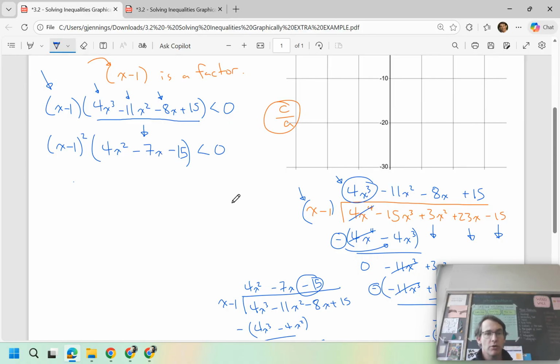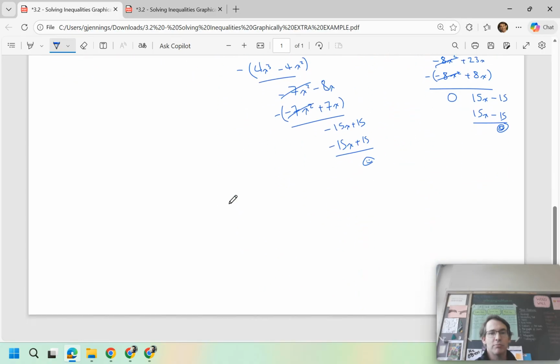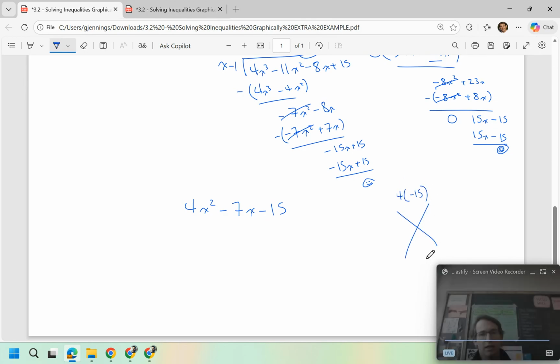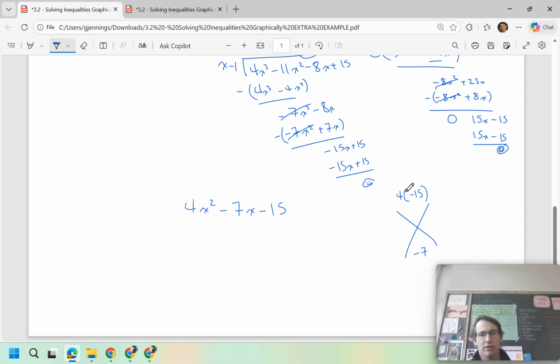Okay, so if we're going to factor this one, 4x squared minus 7x minus 15, let's write it down somewhere in our rough work. We want to multiply to 4 times minus 15 and add to minus 7. 4 times minus 15 is minus 60.